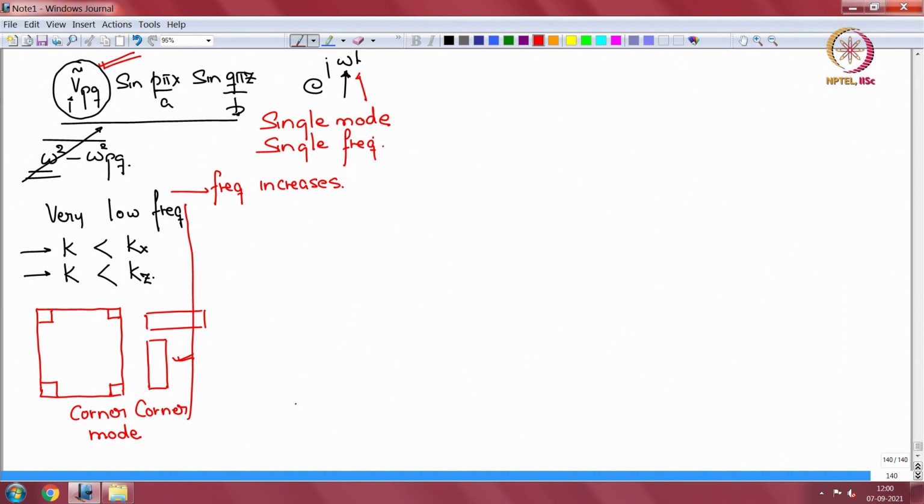For those who are aware of vibrations of plates and shells, the amplitude has this sort of a term in the denominator, omega square minus omega square pq, and as omega, the driving frequency, changes and gets close to the resonance, you will have amplitude increased, or as it moves away you will have amplitude decrease as a function of frequency, but that's very non-linear.